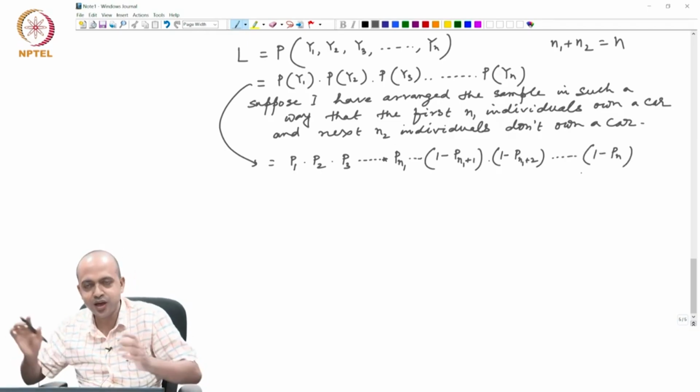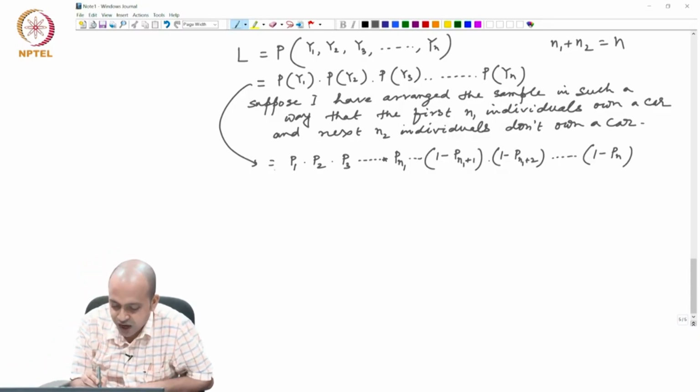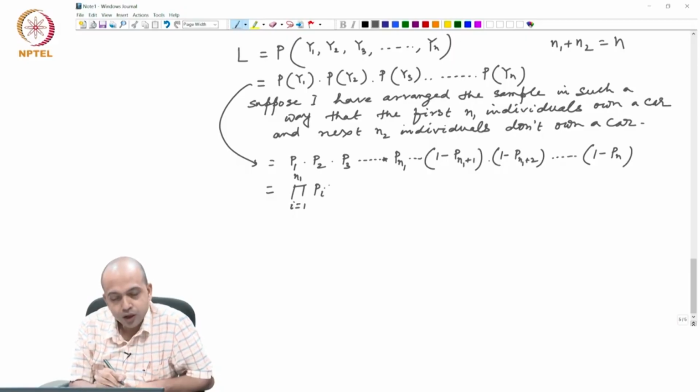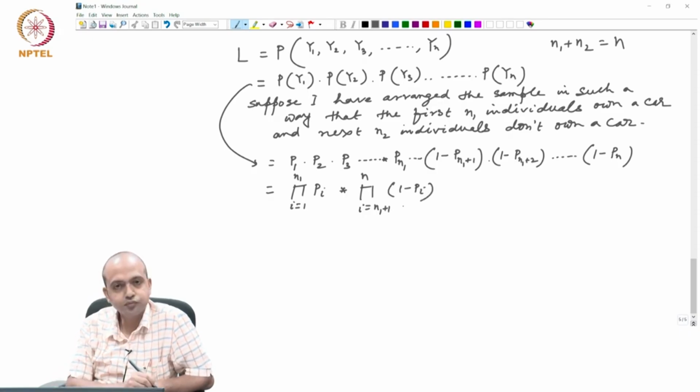That is how I have arranged the data. Now, if you write this expression in a concise format, this is nothing but the product of i running from 1 to n1 of pi, multiplied by the product of i running from n1 plus 1 to n of 1 minus pi.